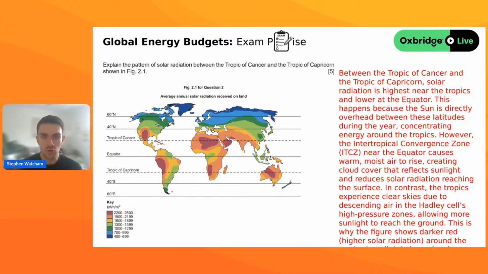In contrast, the tropics experience clear skies due to descending air in the Hadley cell's high pressure zones, allowing more sunlight to reach the ground. This is why the figure shows darker areas with higher solar radiation around the Tropic of Capricorn and the Tropic of Cancer.